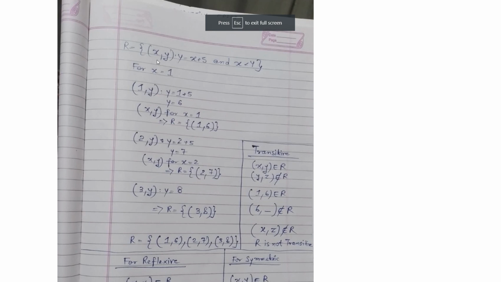So the relation R = {(x, y) : y = x + 5, and x less than 4}. So we have the condition that we can take three values: x equal to 1, x equal to 2, x equal to 3. So for x equal to 1, y equal to 6.